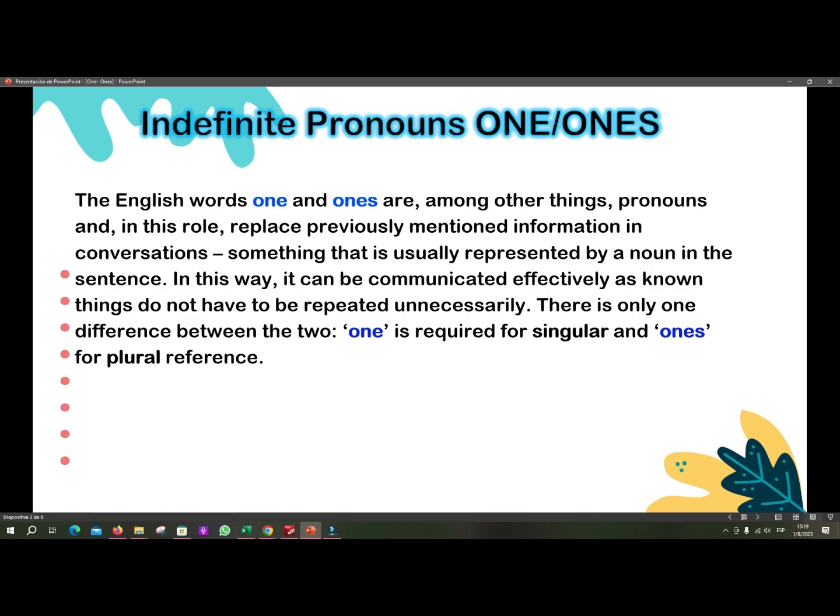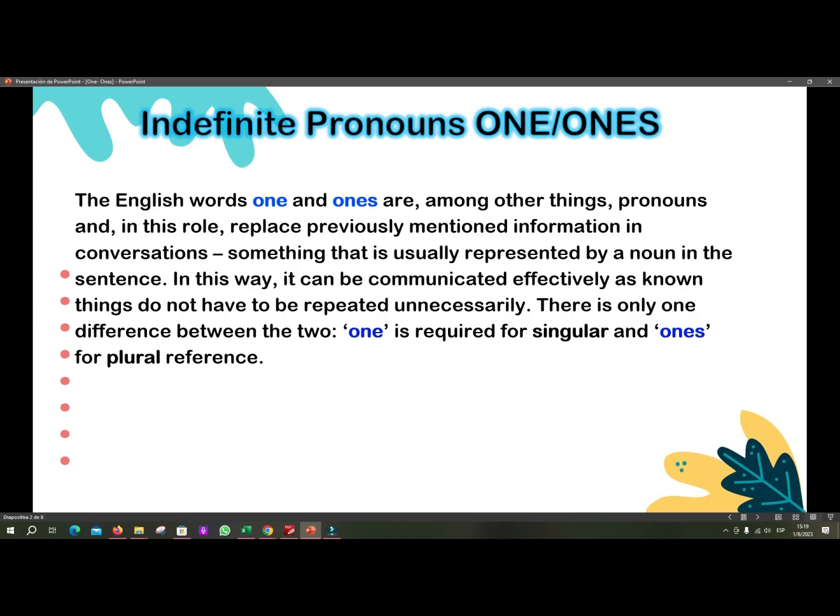So let's start with this. There you have this. Indefinite pronouns, one and ones. Who wants to help me reading? The English words one and ones are, among other things, pronouns and in this role replace previously mentioned information in conversations, something that is usually represented by a noun in the sentence.